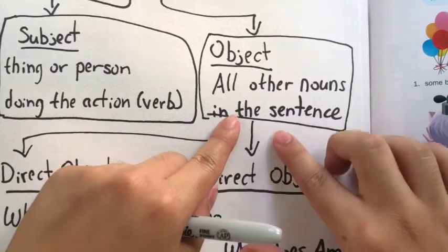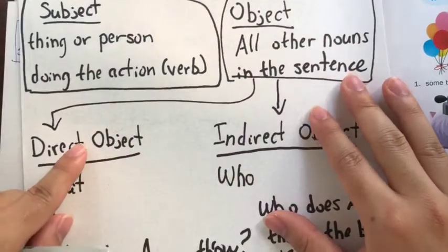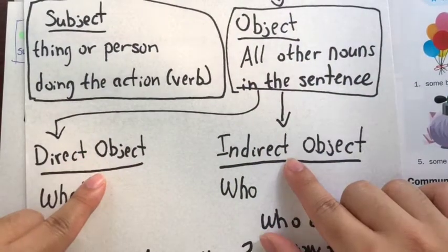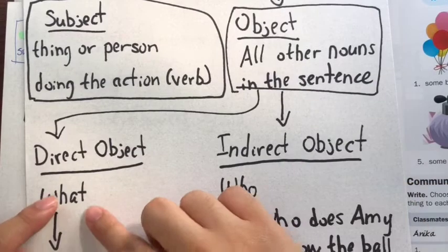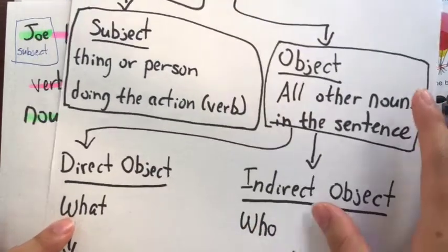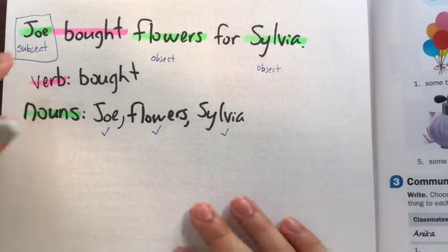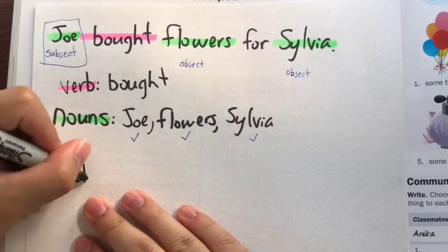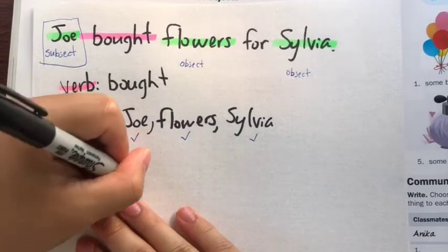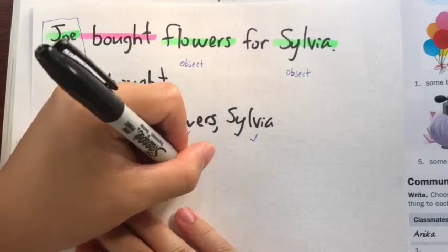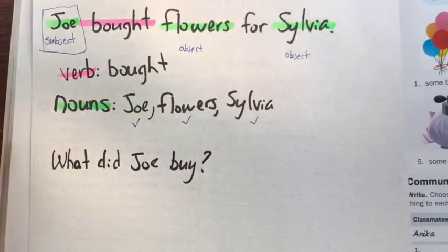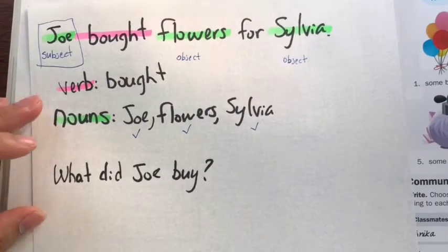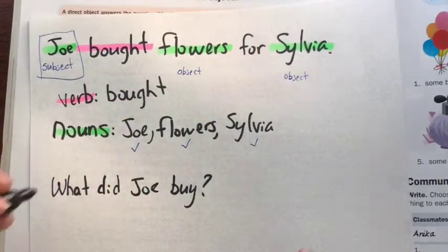Well, we also have two different types of objects. We have direct objects and indirect objects. Direct objects answer the what question. So the what question is, what did Joe buy?